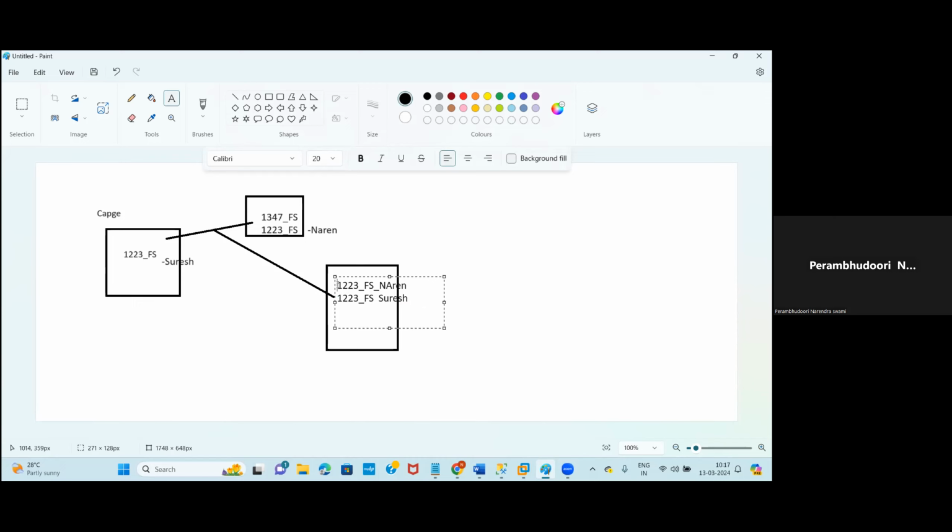Instead of that, while loading the data, if I assign a sequence number to each record, one here and two here, then if I call employee key equal to one, I will get Naren's record, and if I call employee key two, I will get Suresh's record.